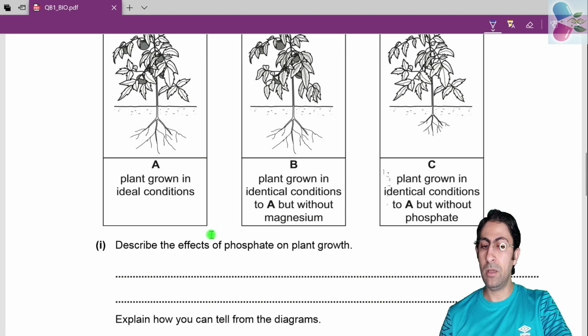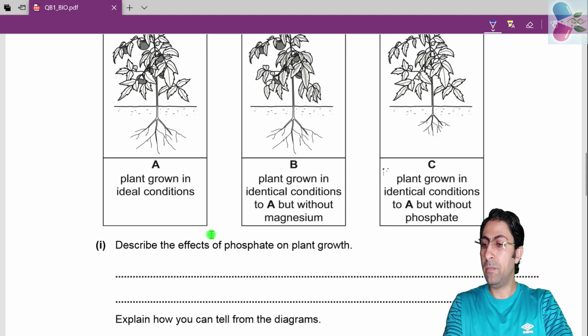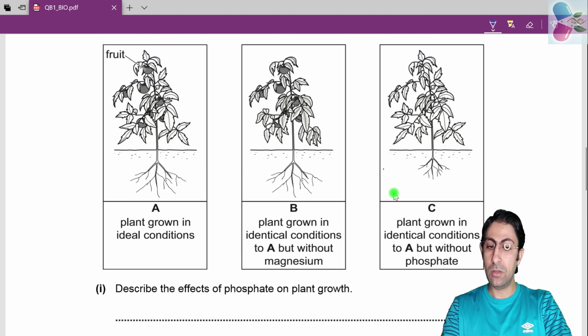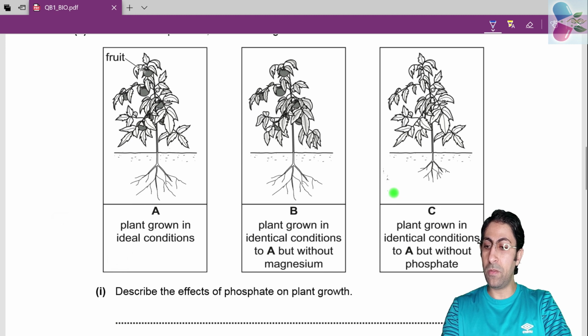So, question number C, I, says describe the effects of phosphate on plant growth. Okay, it's out of 1 mark. We can say here the lack of phosphate, which is plant number C, shows poor root growth, so the phosphate plays a role in the growth of the root.